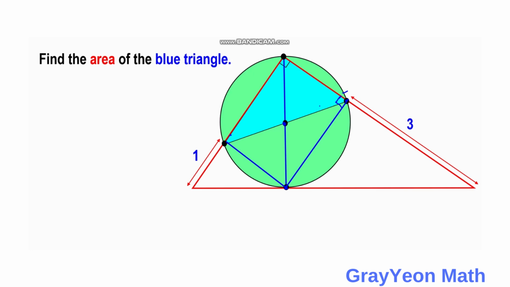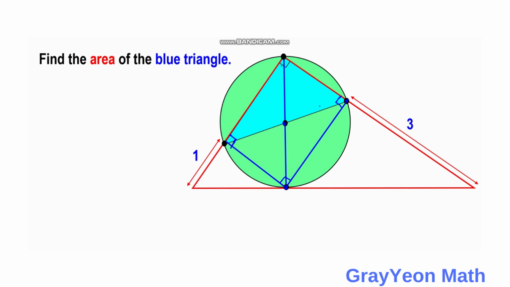So if the opposite sum is 180, then this should be 90, and since this is 90, this should be 90 also. Therefore we can say that this line is parallel to this line, and also this segment is parallel to this segment. They are not actually congruent, this one is not congruent with this one, but the two opposite sides are parallel.